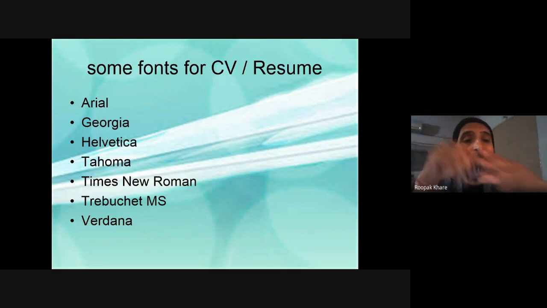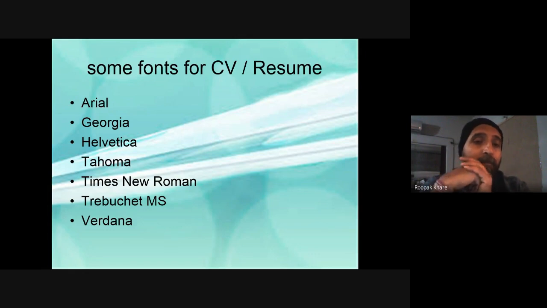I'm giving you some examples like Arial, Georgia, Helvetica, Tahoma, Times New Roman, all these. These are the fonts that you should use in your CV or resume. If you want, you can note them down. I'm giving you a few seconds. Or click a photograph of the screen. These fonts are recommended for CVs and resumes. And these are internationally accepted, right?